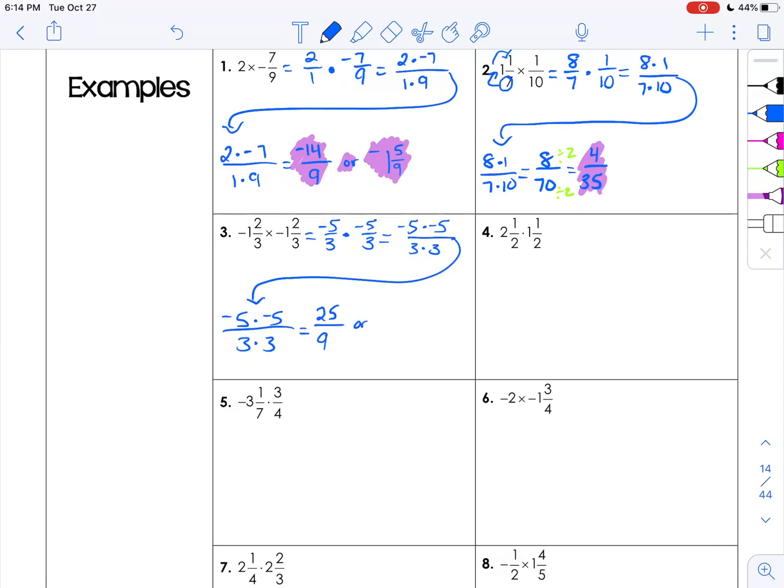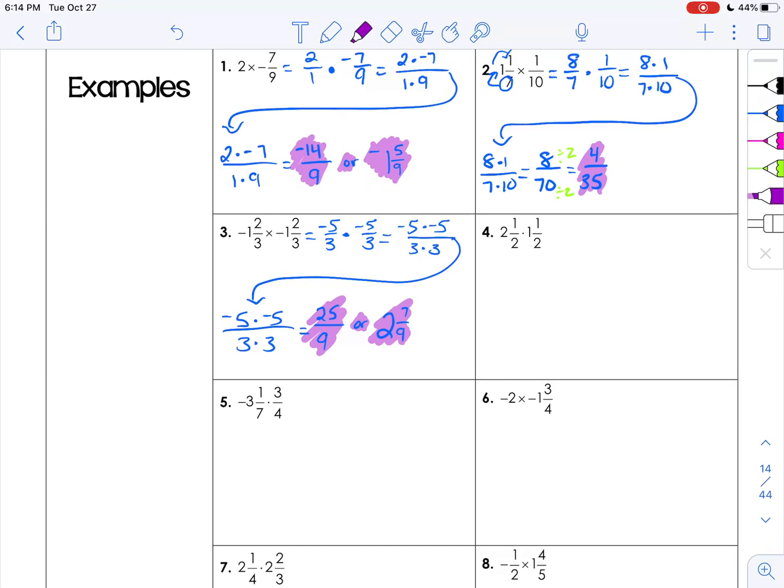So we can keep our answer as 25 over 9, or 9 will go into 25 2 times with 7 left over, and our denominator stays 9. So our answer is 25 ninths, or 2 7/9.